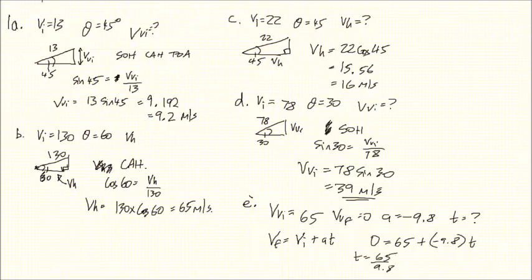A equals negative 9.8 is the acceleration due to gravity. So we use VF equals VI plus AT, substitute in, simplify and solve, and then round to two significant figures: 6.6 seconds.